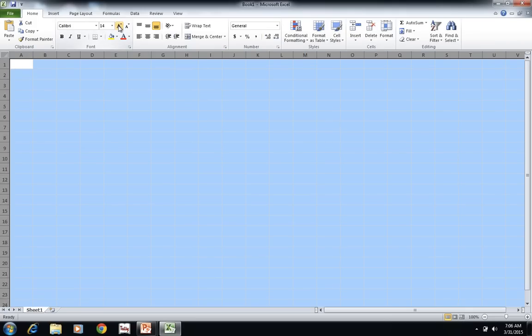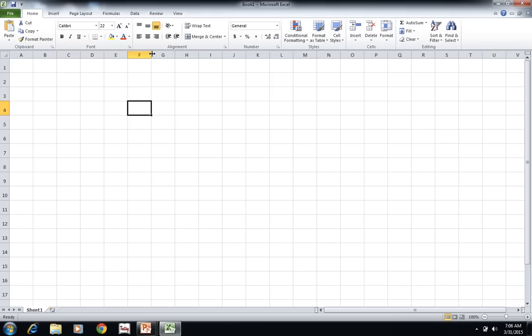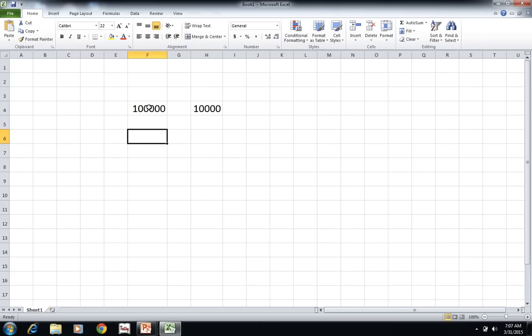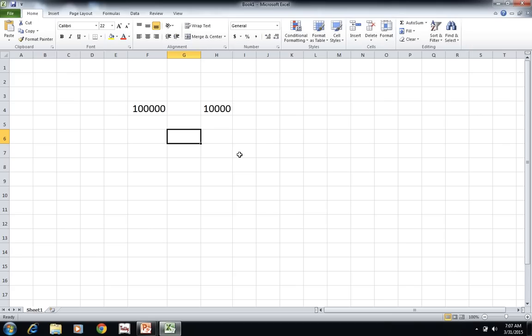Cost is 100,000. Salvage value is 10,000. Here we have year, depreciation, accumulated depreciation, and the carrying value.